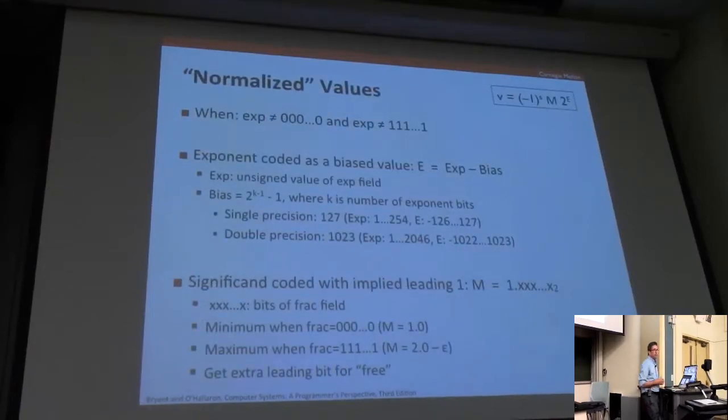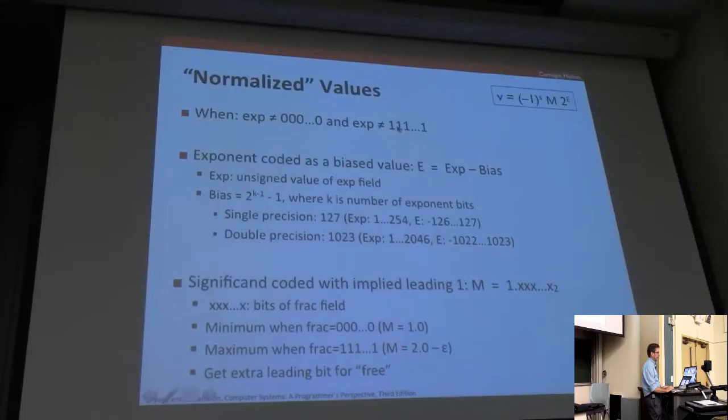Now, there are a number of different kinds of floating point representations. The default and common representation is called normalized values. Normalized values are all the values where the exp field is not equal to all zeros and not equal to all ones.